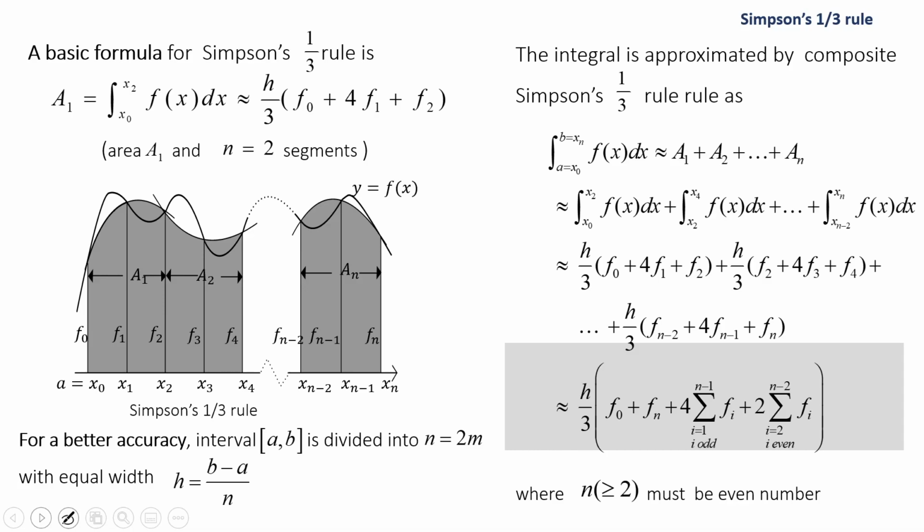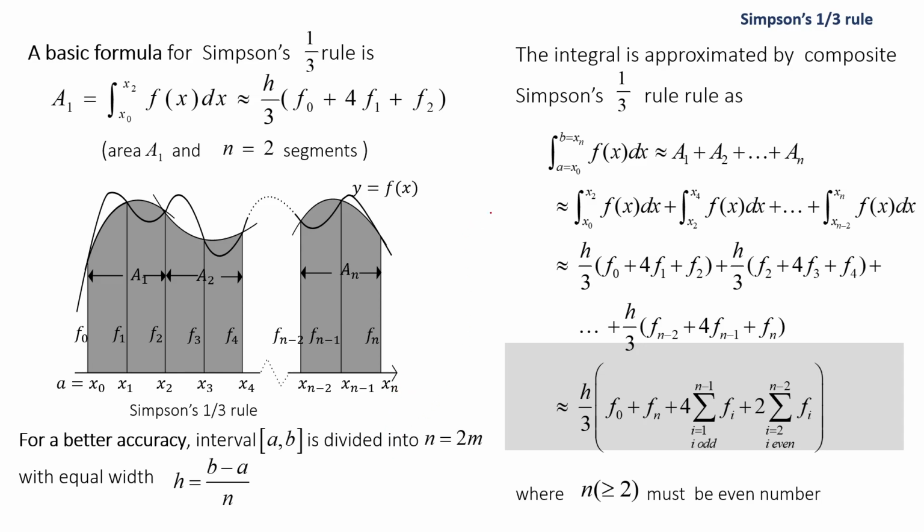And then to get a better approximation or better result, we increase the number of segments. This is the basic structure for Simpson 1/3. You must have two segments, A1 and then A2 until AN. Where a is equal to x0, and then x1, x2, x3, x4, x(n-2), x(n-1) until xn.